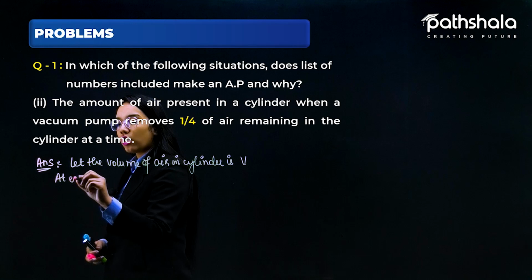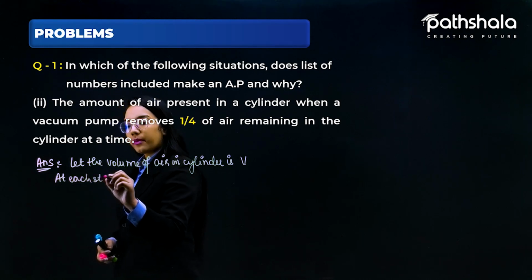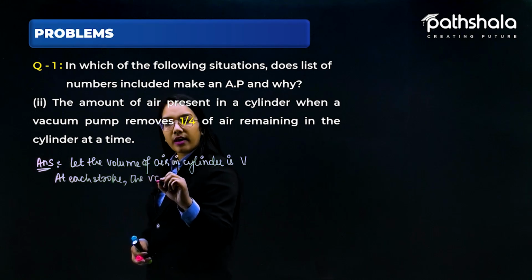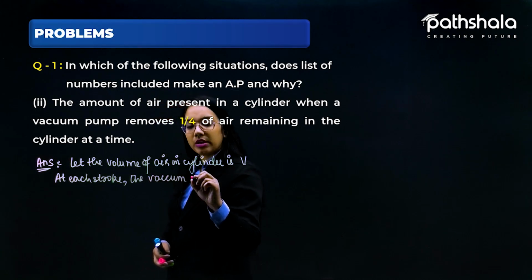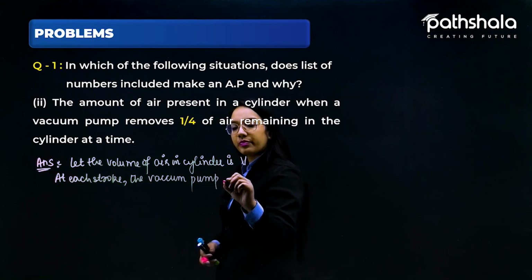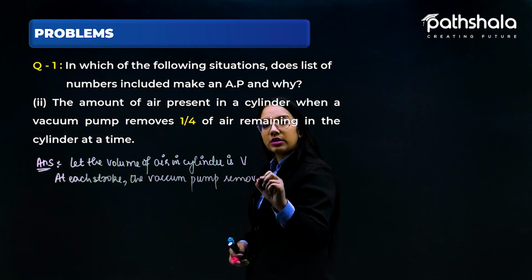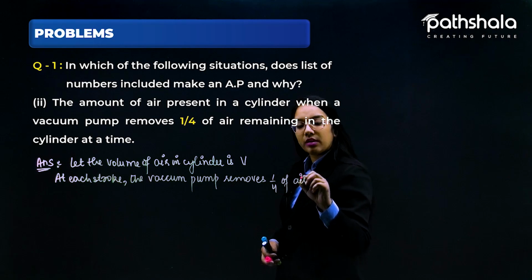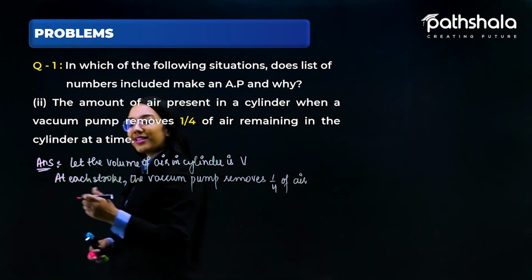At every stroke, the vacuum pump removes 1/4 of the air which is remaining in the cylinder.